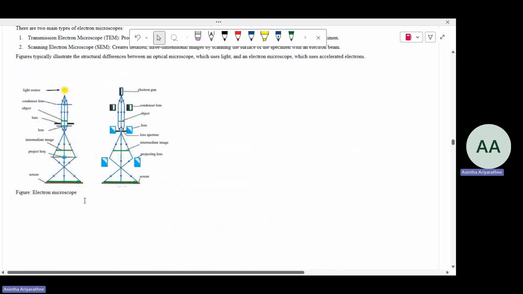Normally, in order to observe something, the wave should hit the object, reflect, and come back to the eye. That's how the normal process happens.